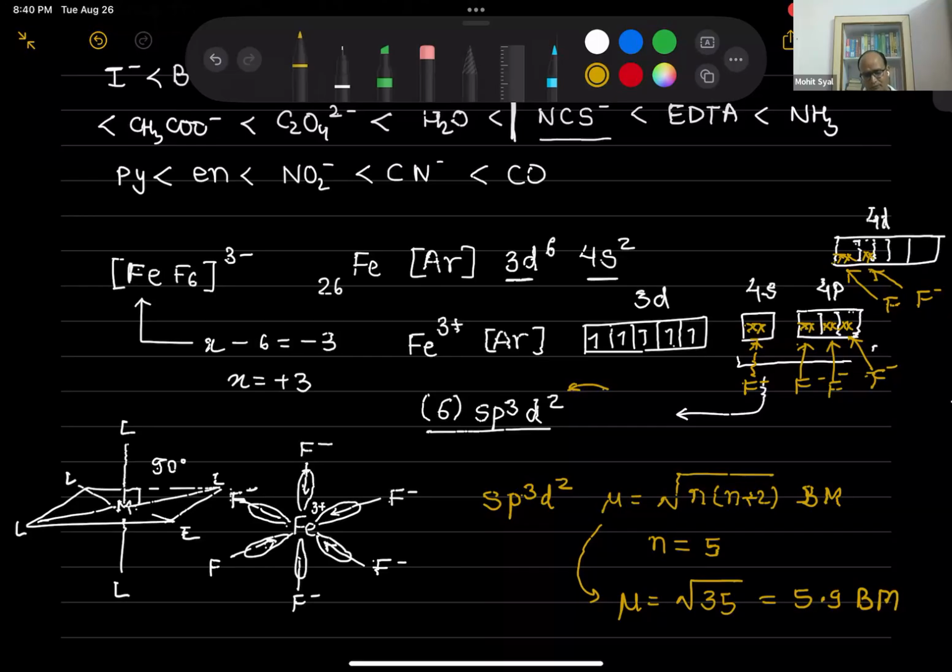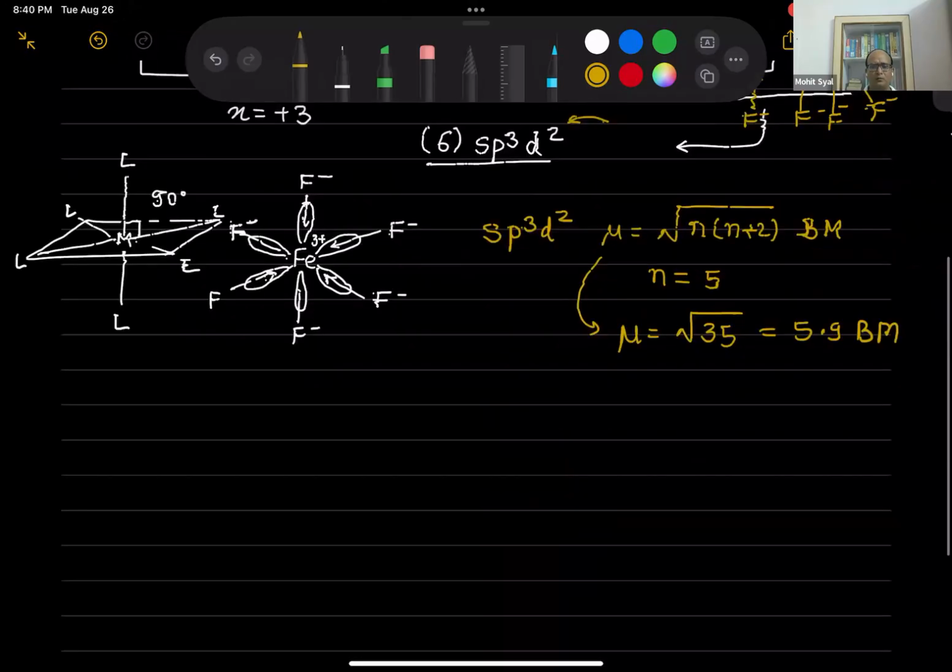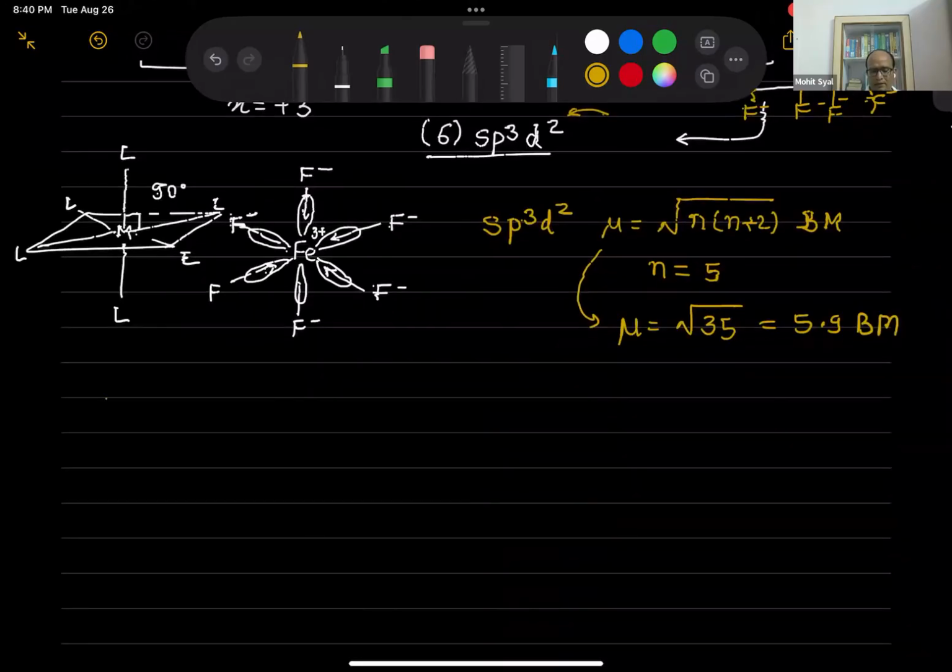Next thing is, what is going to happen if you try to form a complex whose formula is Fe(CN)6 3 minus? There are 6 cyanide ligands.